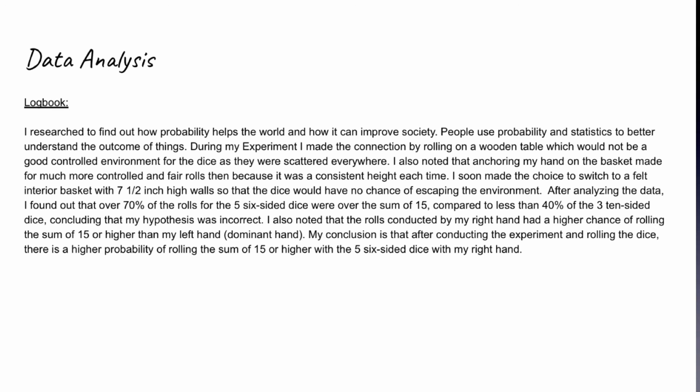But for the 3 10-sided dice, it was only 39%, meaning that a sum of 15 or higher occurred almost 40% more often with the 5 6-sided dice than the 3 10-sided dice. My conclusion is that after conducting the experiment and rolling the dice, there is a much higher probability of rolling a sum of 15 or higher with the 6-sided dice and with my right hand.